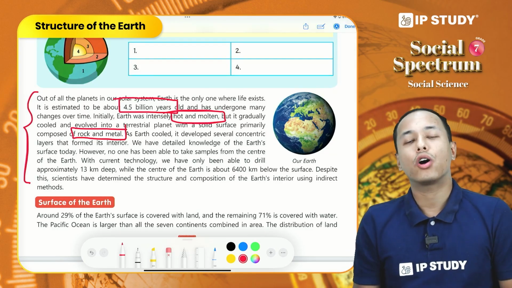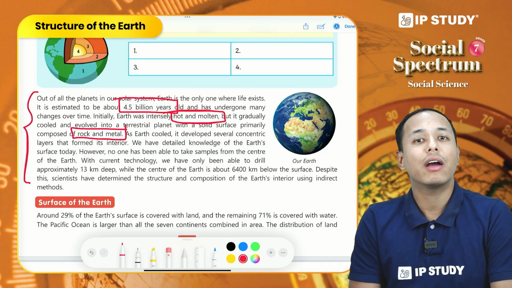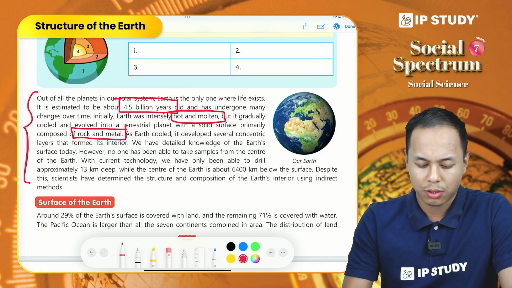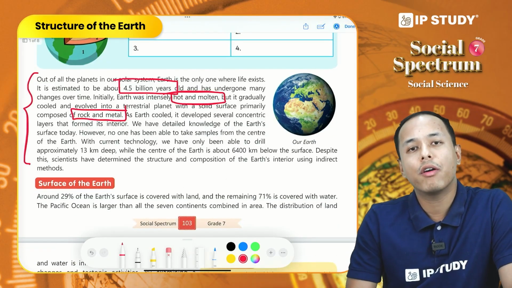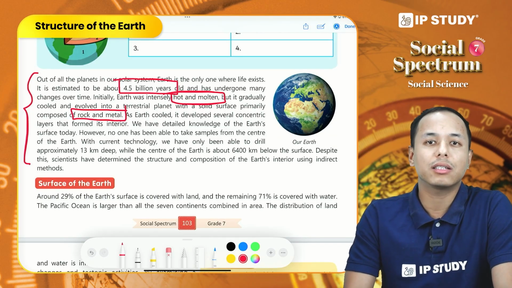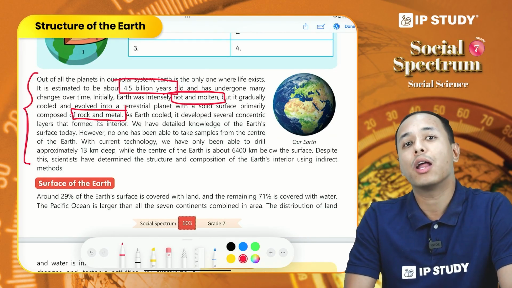When we talk about the interior of the earth, we have detailed information about it. We know its structure and its composition. However, no one has been able to get a direct sample from the center of the earth. And why is this?